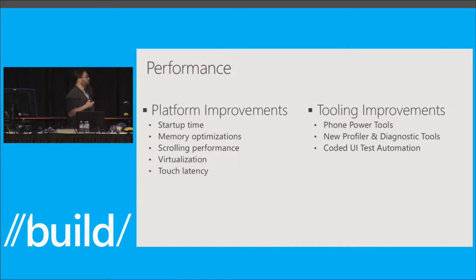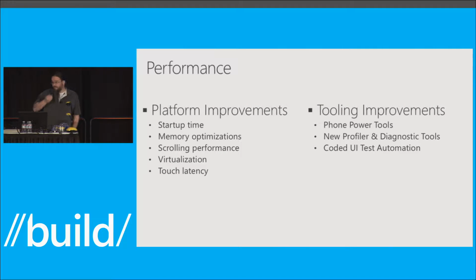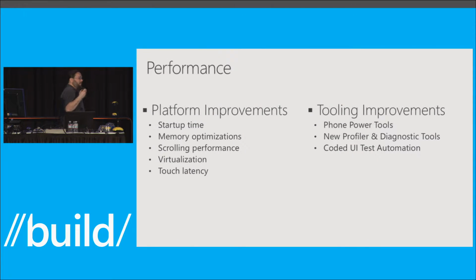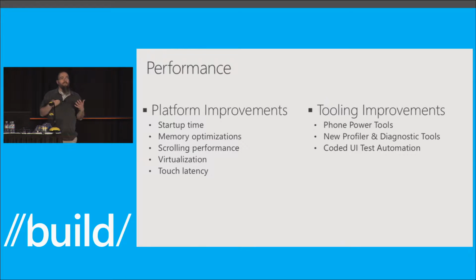Performance is an important differentiator. We see a noticeable correlation between apps that have good performance characteristics and their review ratings. So it's something you really want to pay attention to. As we converge the new platform to work on the phone devices, we put a lot of effort into the engineering to make the platform performant by default so that all apps can take advantage of it directly without having to do a lot of work.